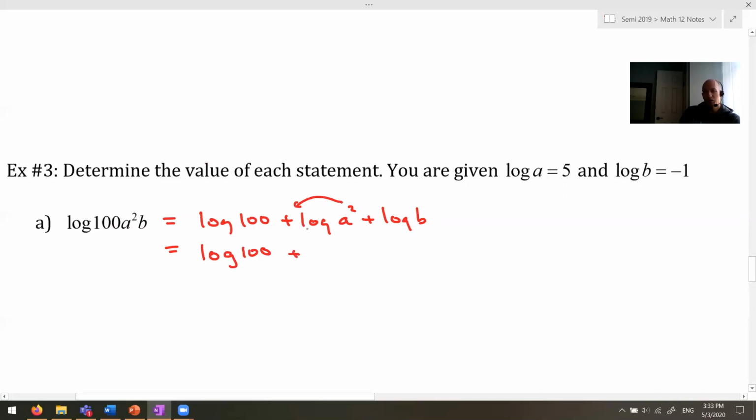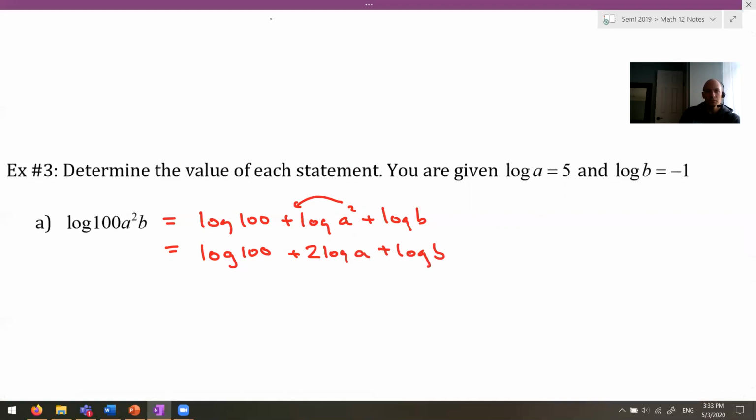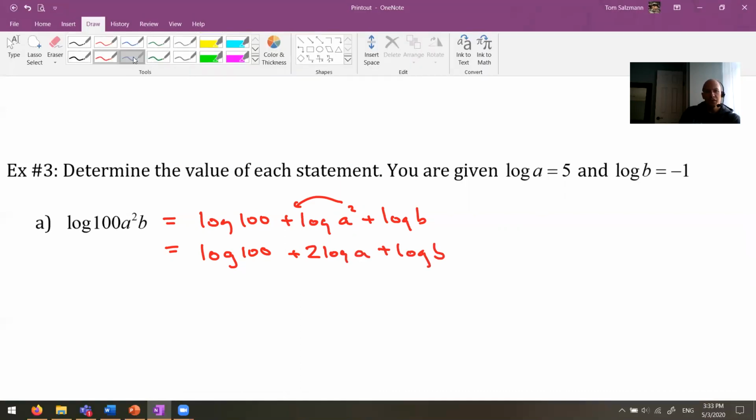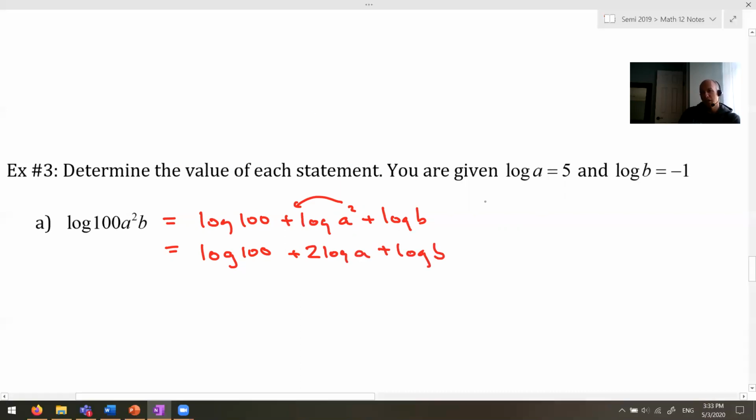This one I'm going to bring 2 out front, so it's 2 log a. This is log of b. Don't start thinking you're real clever and say, well, if log a is equal to 5, then log of a squared is like 25. No, it's actually not going to work that way. You cannot evaluate log of a squared. You have to bring the 2 out front.